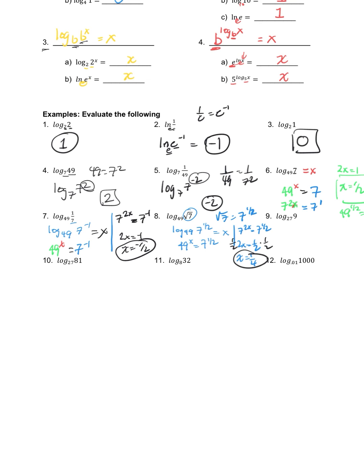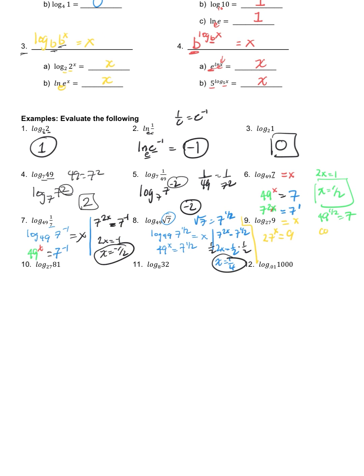Okay, let's look at number 9. We have log base 27 of 9. Again, those are not two bases that are compatible like this. So I'm going to set it equal to x and change to exponential form. So 27 is my base, x is my exponent, and it equals the argument of 9. Then change these to a common base of 3.